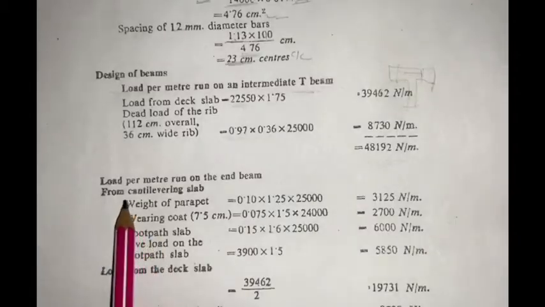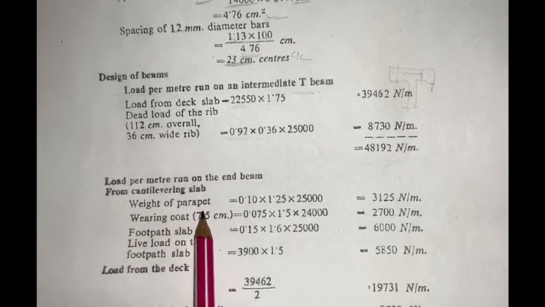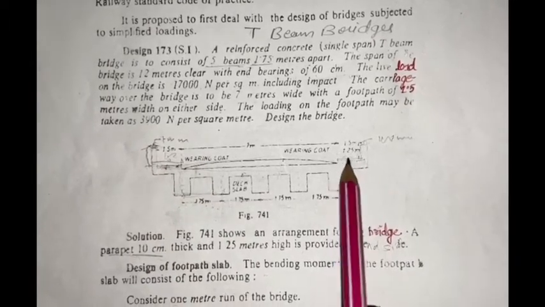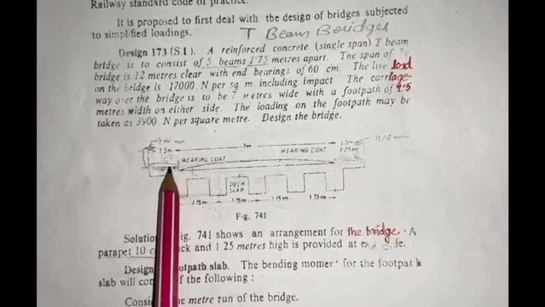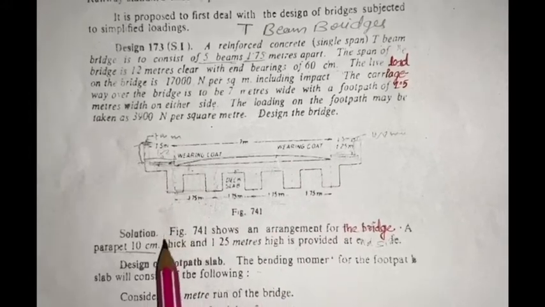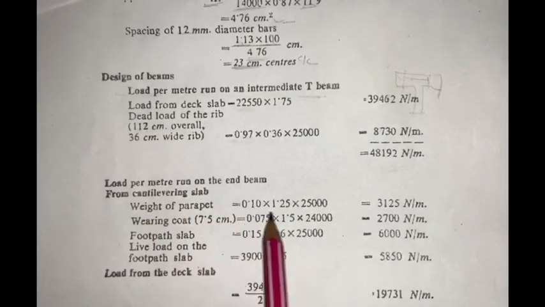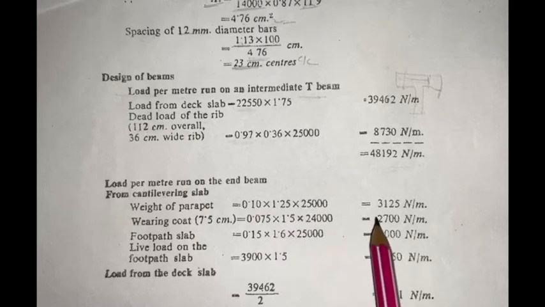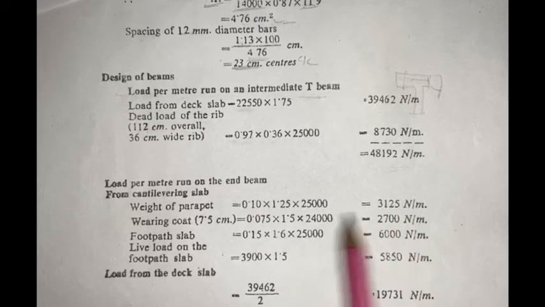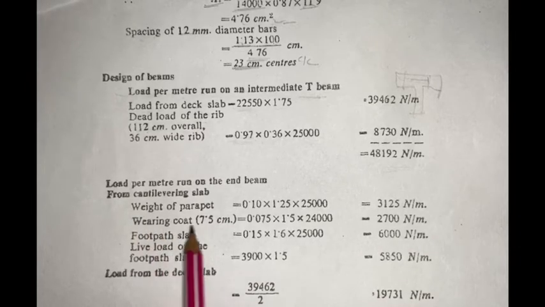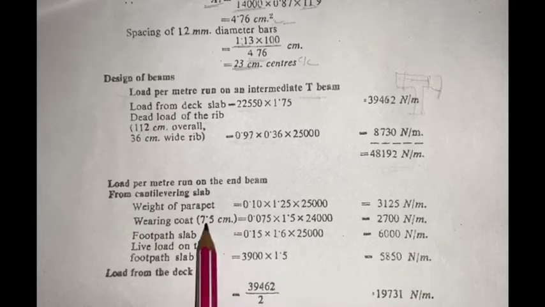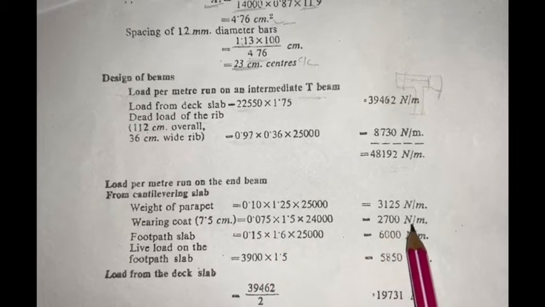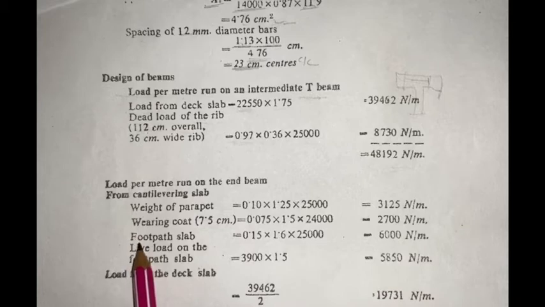Okay, from cantilever slab the weight of the parapet का weight ऐड होगा, this weight and wearing coat का weight, और जो फुटपाथ का स्लैब का वेट है वो भी ऐड होगा. ओके, तो वेट ऑफ द पारापेट 0.10 इंटू 1.25 इंटू 25000 इक्वल टू 3125 न्यूटन पर मीटर. Similarly for the wearing coat, we have wearing coat 7.5 centimeter, so we add up and we will get 2700 Newton per meter.